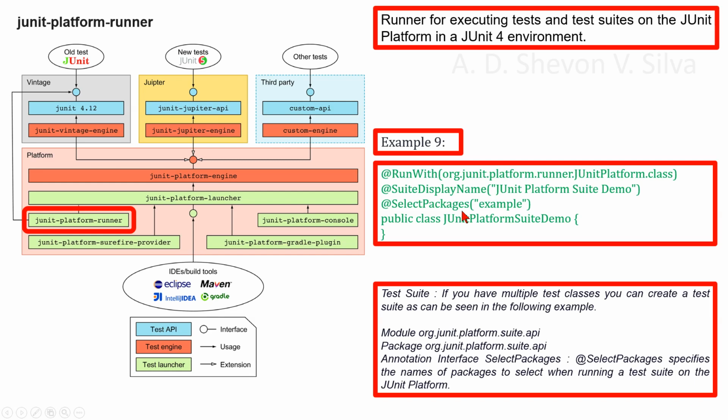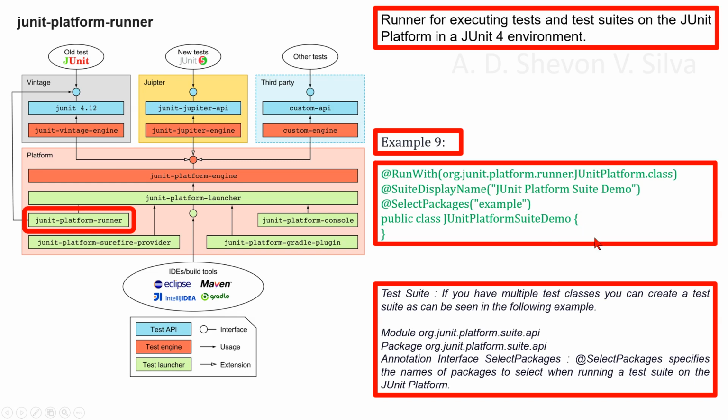The JUnit Platform suite demo will discover and run all tests in the example package and its subpackages. By default, it will only include test classes whose names either begin with Test or end with Test or Tests.